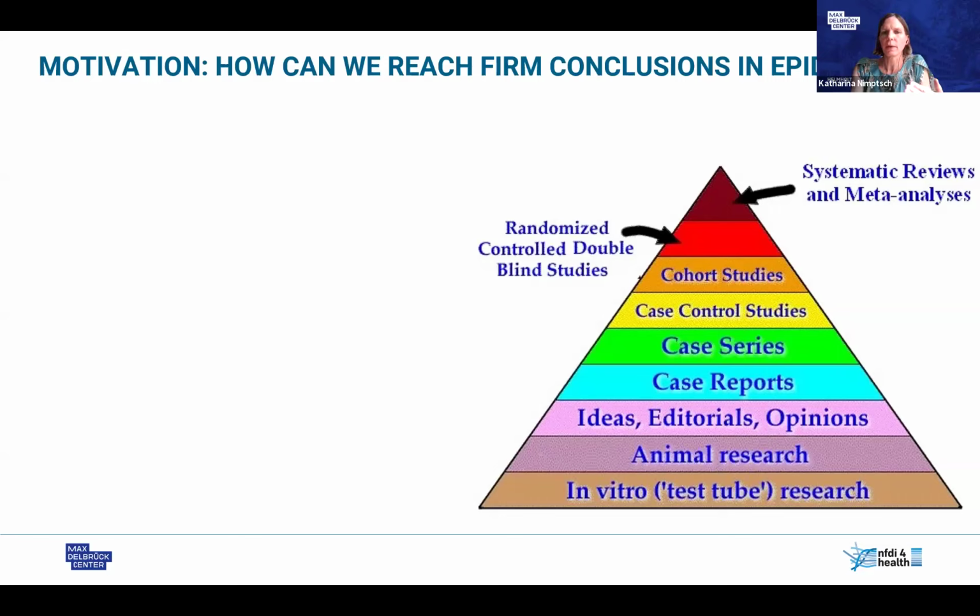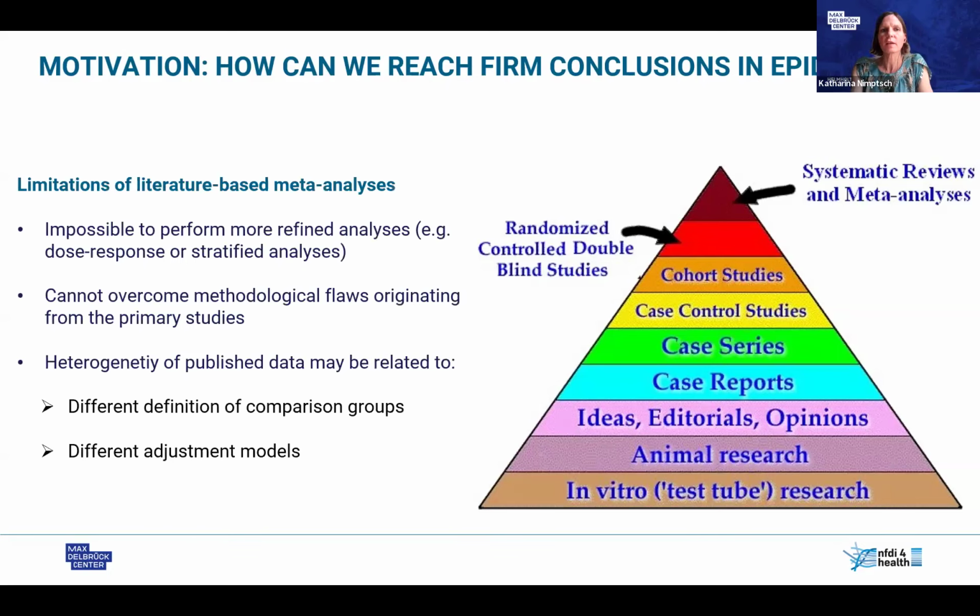And if we look at the pyramid of evidence, for epidemiology we rely mainly on cohort studies or randomized controlled trials. And then the top of the pyramid is usually systematic reviews and meta-analysis. But these literature-based meta-analyses have certain limitations, so we cannot perform more refined analysis.